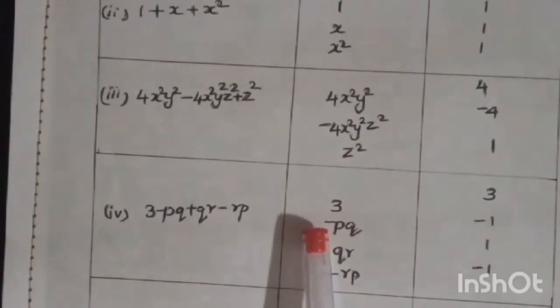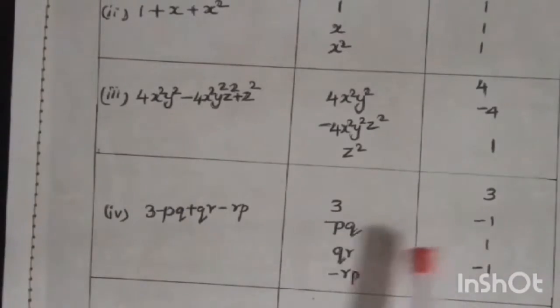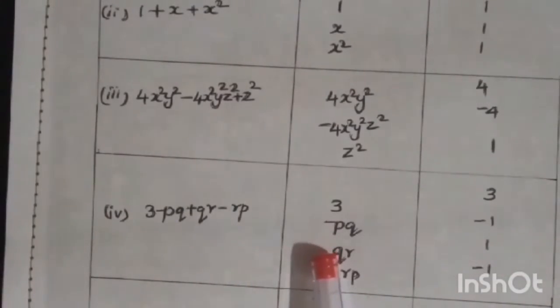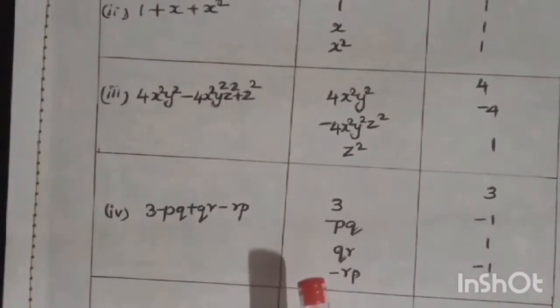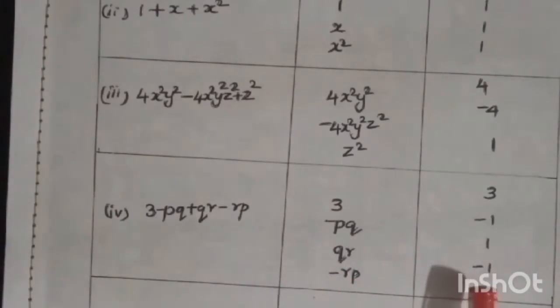In the second term, negative PQ means it is minus 1 into PQ, so we have considered minus 1 as the coefficient here. Here QR is considered as 1 into QR, so its coefficient is 1. Minus RP: here negative 1 into RP is negative RP, so that negative 1 is considered as the coefficient.